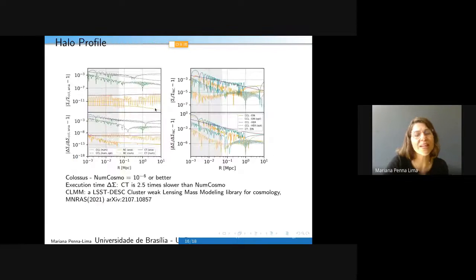And this is something that you can always adjust. For example, if you want to use CCL, you can go there and adjust some parameters, for example, of the interpolation method, increase the number of nodes and so on.